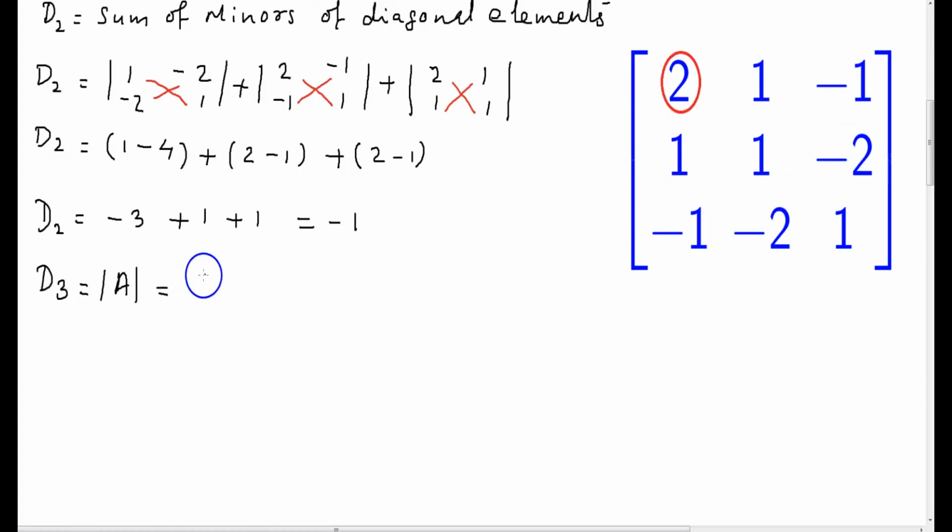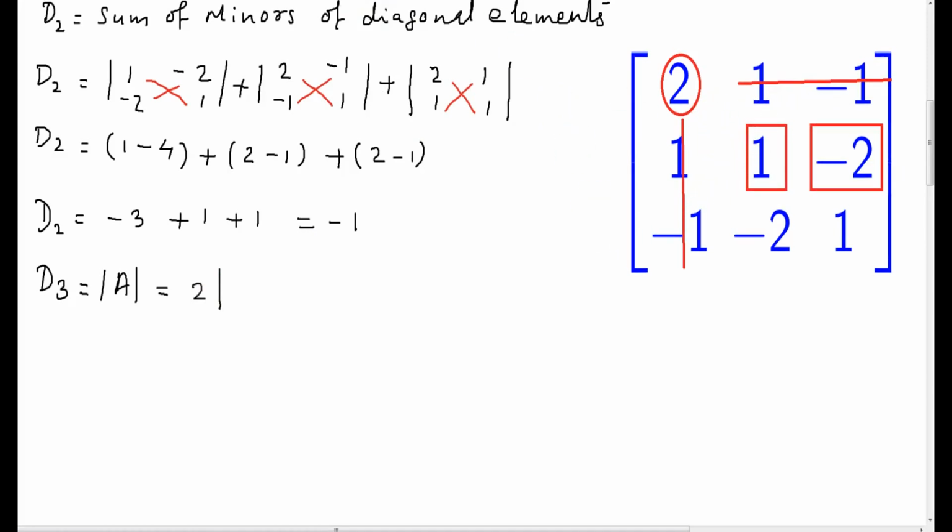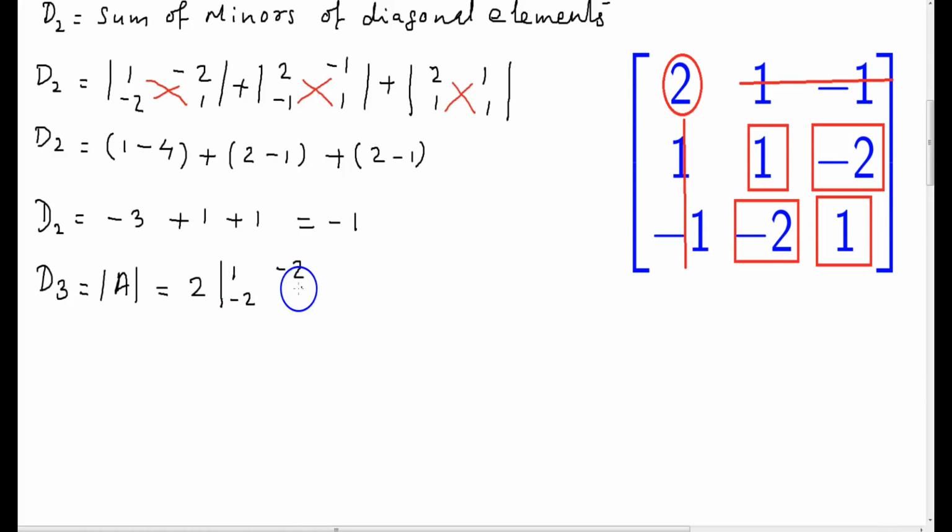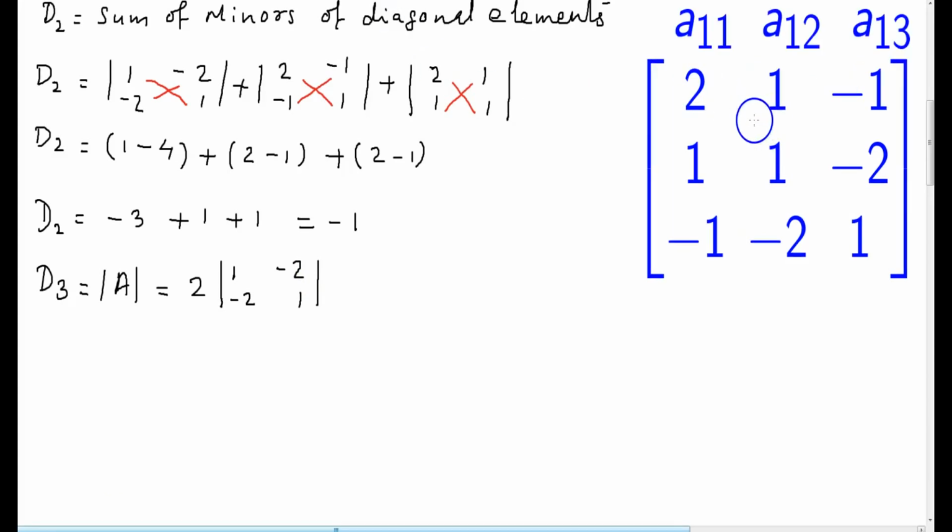Here A11 is 2 and minor of A11 is mod 1, minus 2; minus 2, 1, minus A12 into minor of A12.